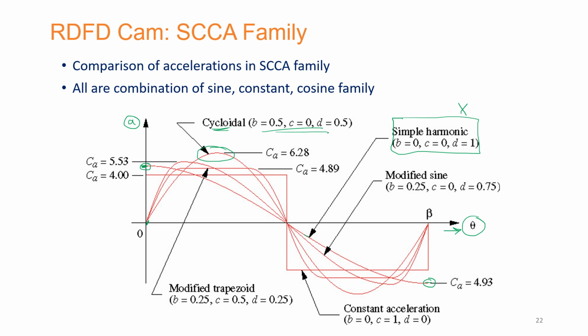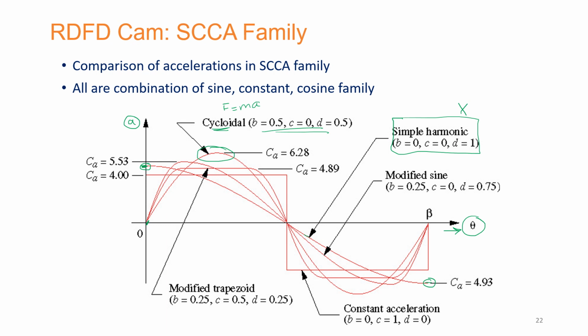And what does that mean? It means that since acceleration is higher, the force is going to be higher as well in order to make the follower move. So for that reason, if you attach a motor with that cam, or attach some engine or some driver with that, it is going to feel that it is exerting larger force as compared to some other designs that you have over here.